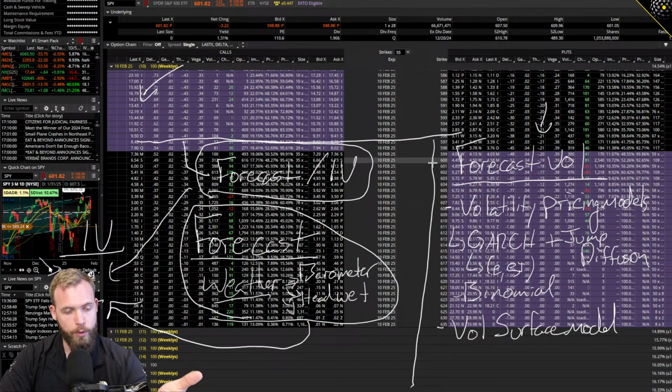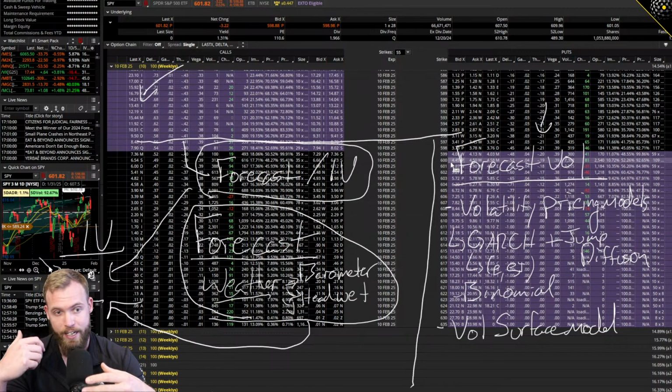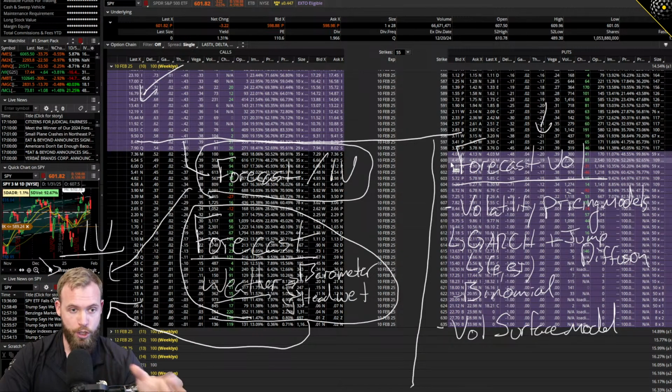We know the yield. We know that it's an American style option. We know that this is a put. We know the days to expiration. We know the risk-free rate. We know all of these different details. The one thing that we don't know is implied volatility. Somebody has to determine what the implied volatility is. All of those other inputs essentially are knowns.